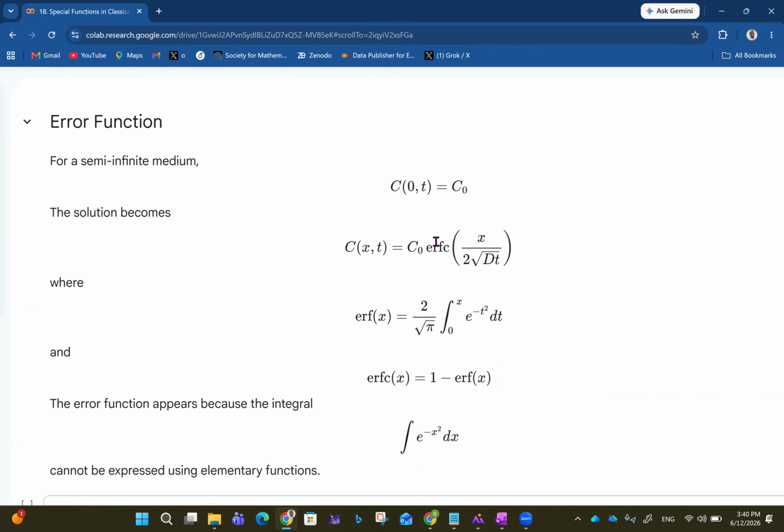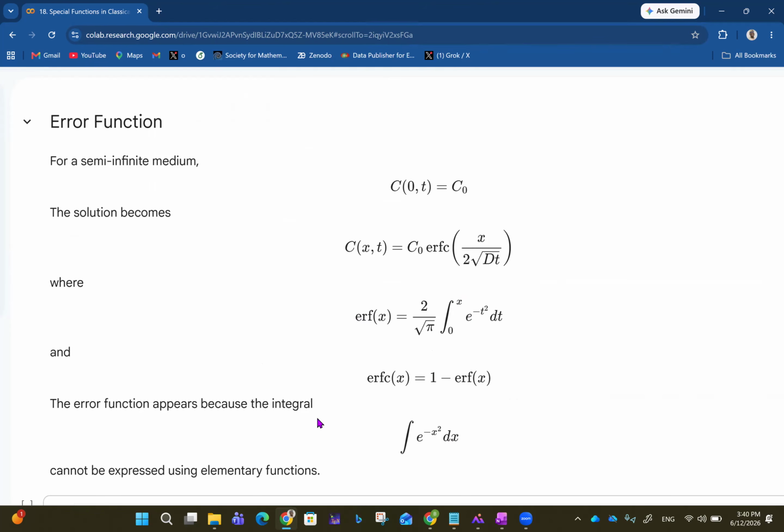That's like 1 minus the error function. The error function of x is 2 over square root of pi, integral from 0 to x of e raised to minus t squared dt, and the complementary error function at x is 1 minus the error function of x, as I explained up there.